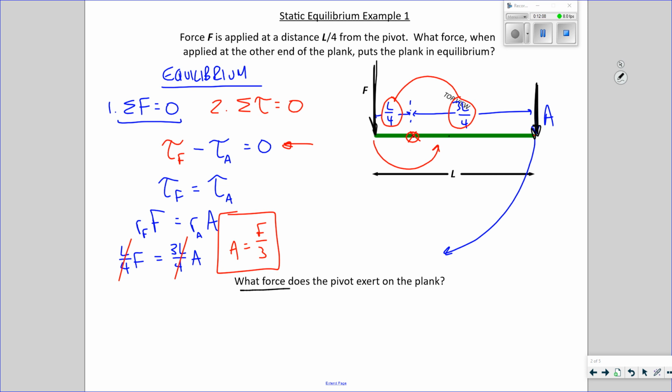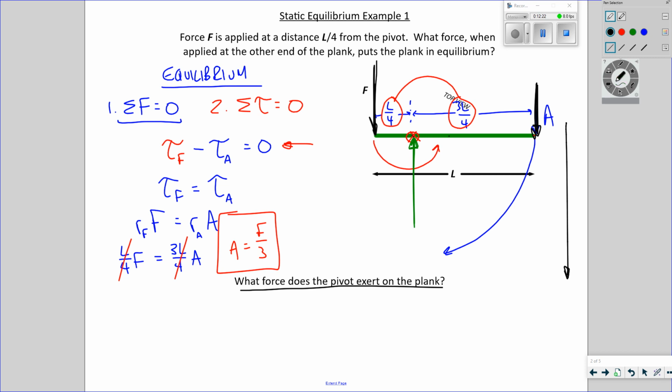So the only way it can be in equilibrium is if there's a force exerted by the pivot on the plank that looks like that. Because if there wasn't, this thing would accelerate translationally. There would be a net force, not even net torque, net force that way. This whole plank would accelerate toward the bottom of the page. The plank doesn't accelerate because there must be a force exerted on the plank by the pivot.